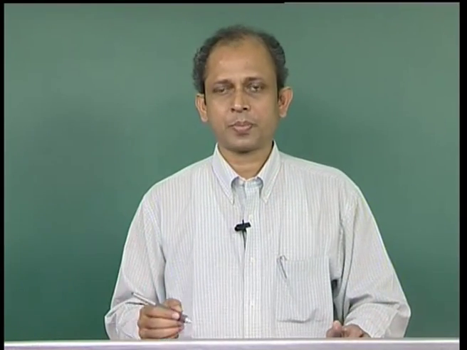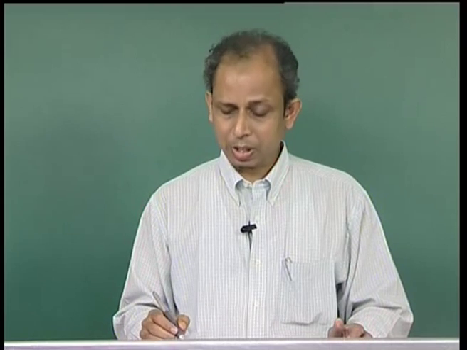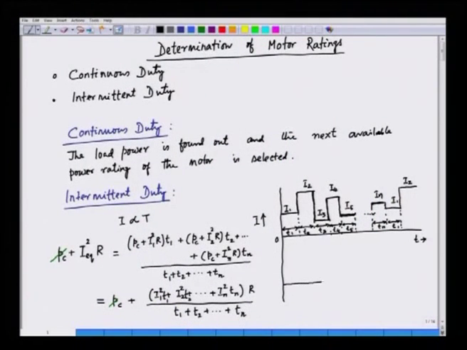If the current variation is continuous, the current is not constant but fluctuating; we have a variation like this, and the current is basically changing like this.